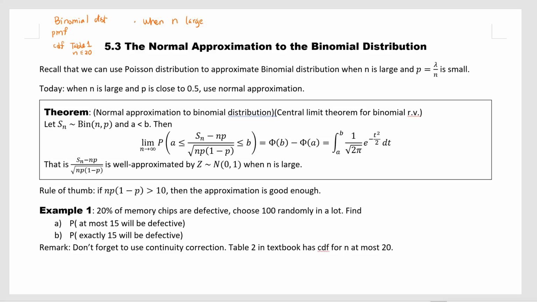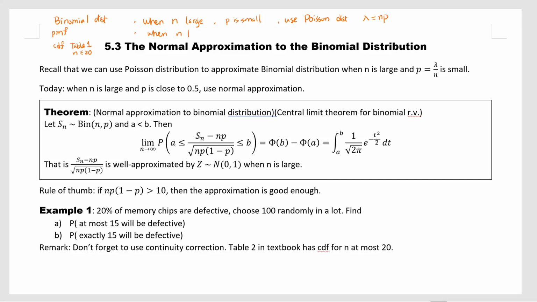When n is large and p is small, how small? It's like 0.1 or 0.2. Then we use the Poisson distribution to approximate it, with lambda equal to n times p, and we use the CDF values in table 2 to calculate the Poisson distribution.